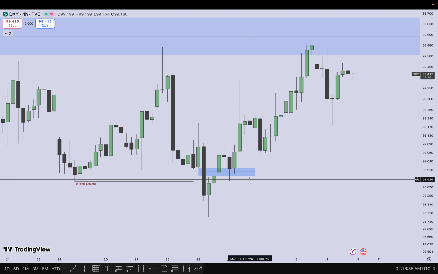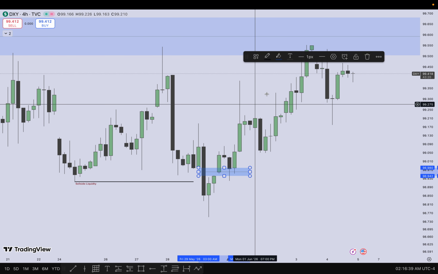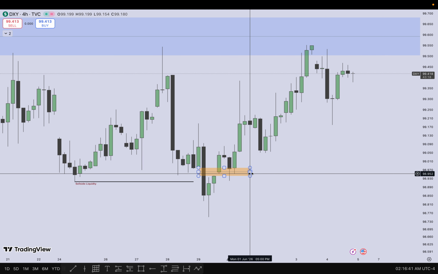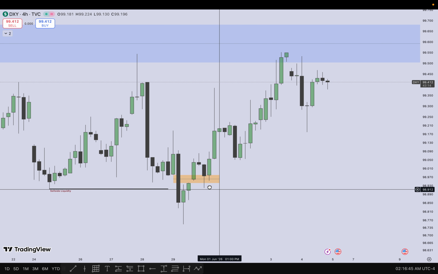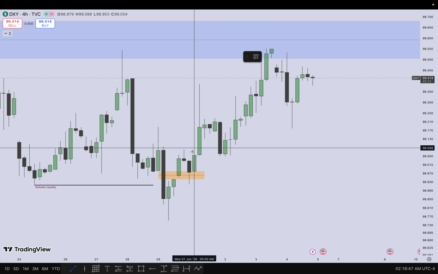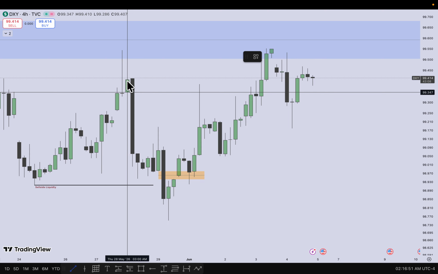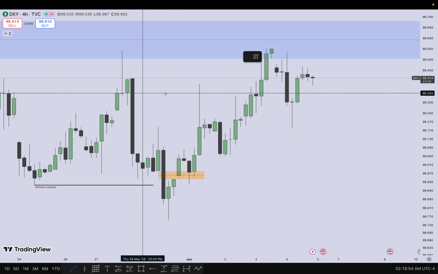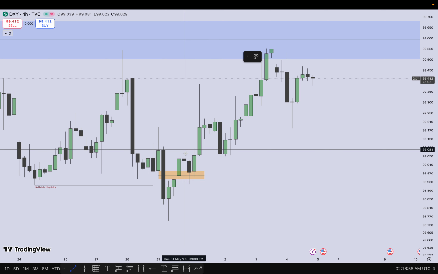Okay, this inversion, reprice this inversion and goes and expands and tapped into this OB's opening price and came down and respected this OB.